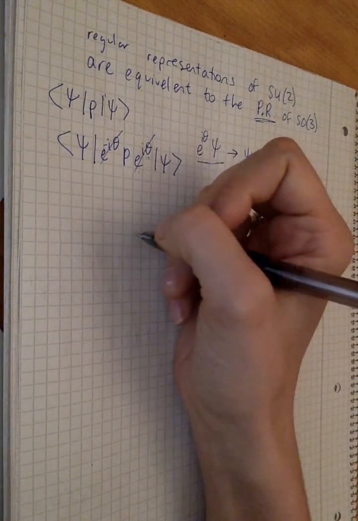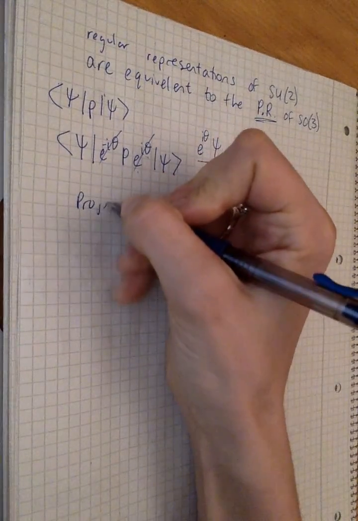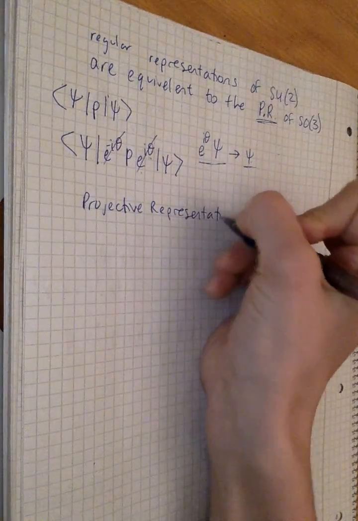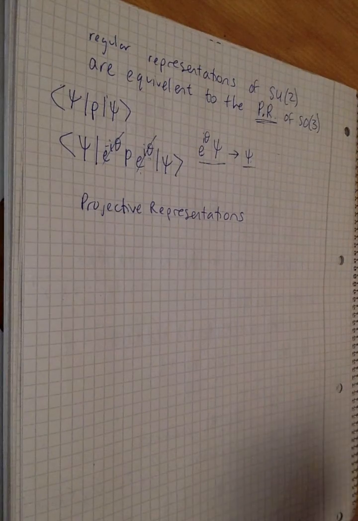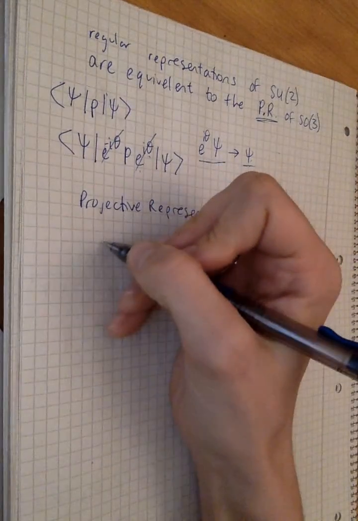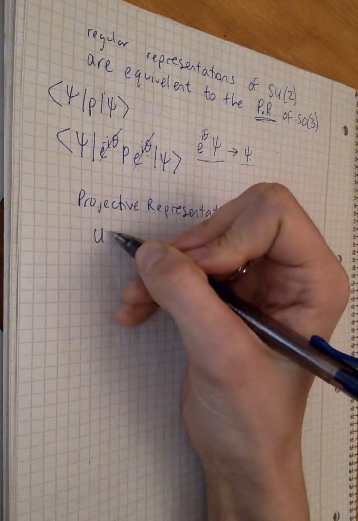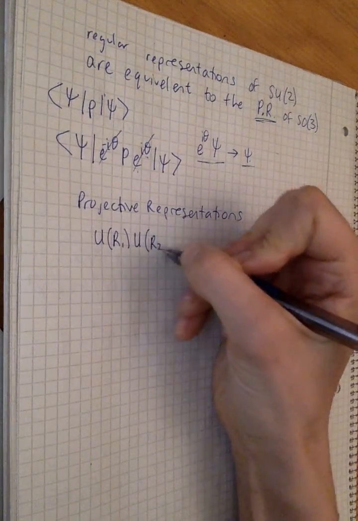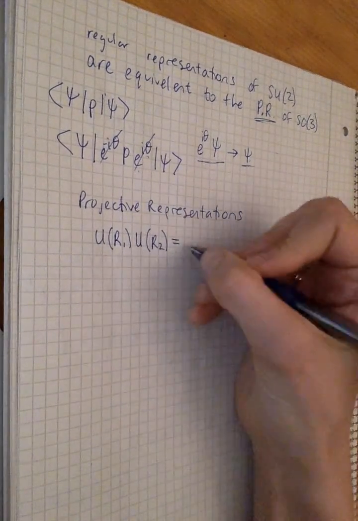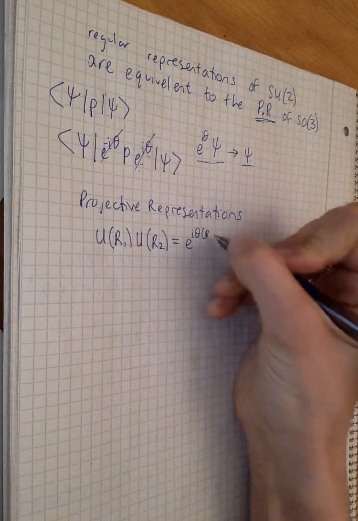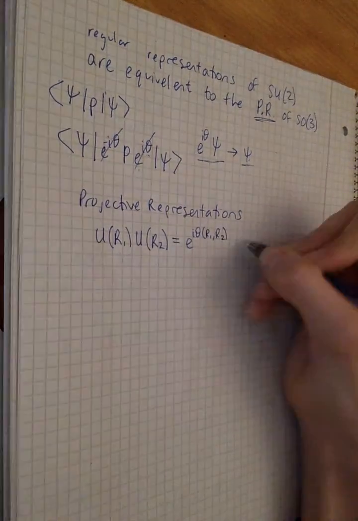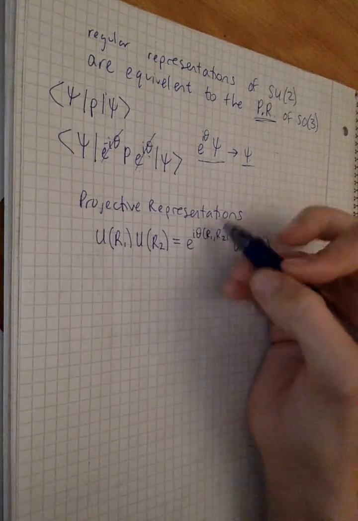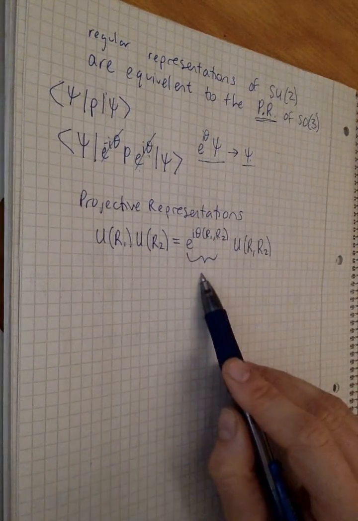So when we have some representation of a group, call the representation U of a group element R1 times U of a group element R2, a projective representation is such that this equals some phase factor, e to the i theta where theta depends on R1 and R2, times U of R1 R2. And it's this prefactor, this exponential term, that's difficult to deal with.